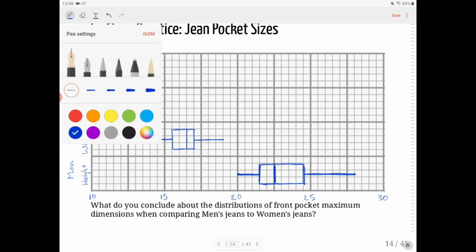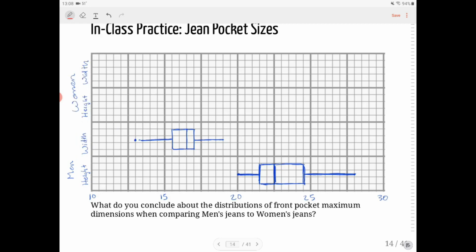All right, so I'm getting bored with blue. Let's go ahead and switch to red when we do the women's pants. All right, so I'm going to start on the height. So we'll just work all the way up. And I'm actually going to go ahead and mark the minimum observations on here just so that we can keep track of them.